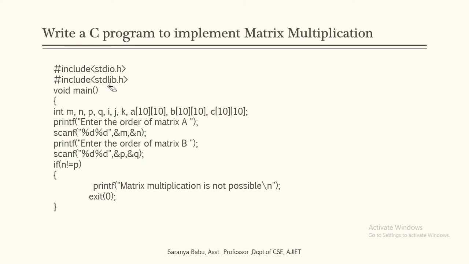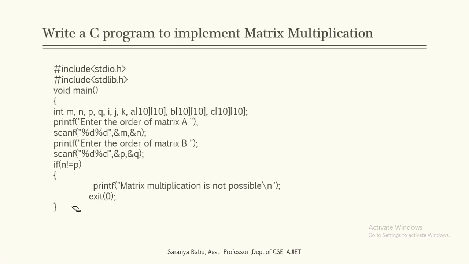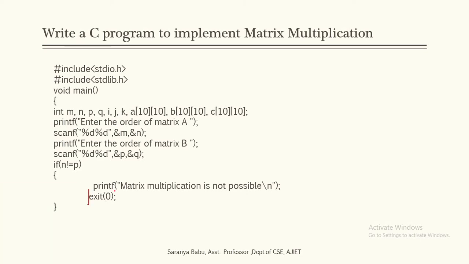We have also used one built-in function defined under the standard library.h header file, that is exit(0), which allows us to terminate the program if some condition is matched. That's why, for this built-in function exit(0), we have used the standard library.h header file.